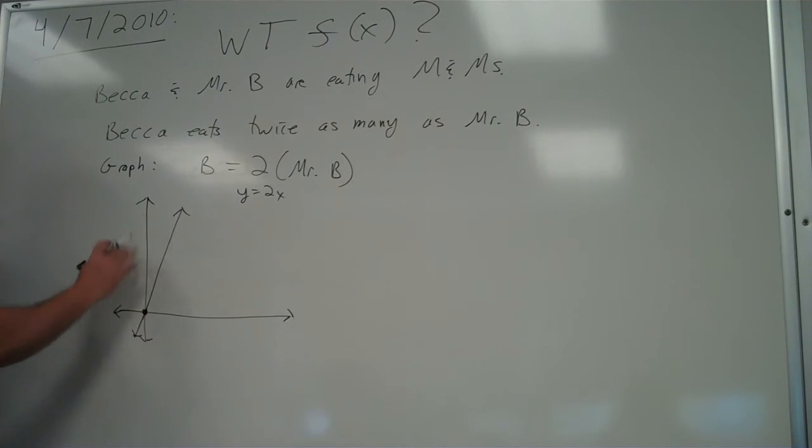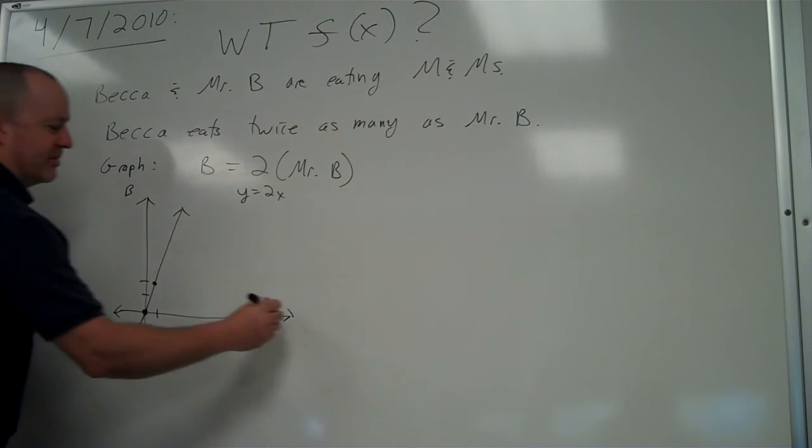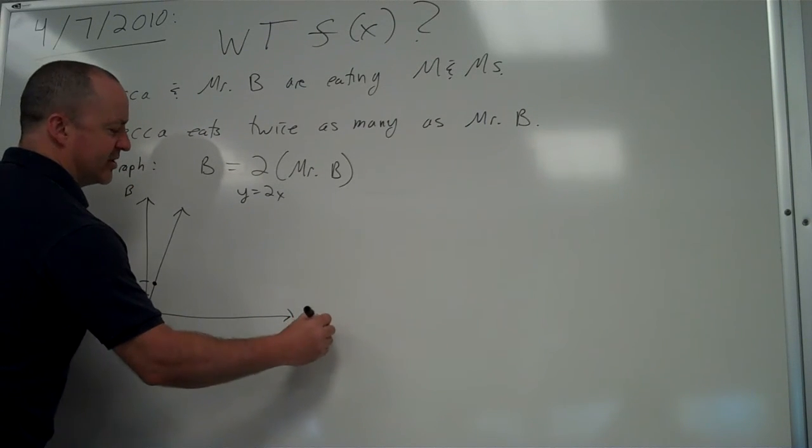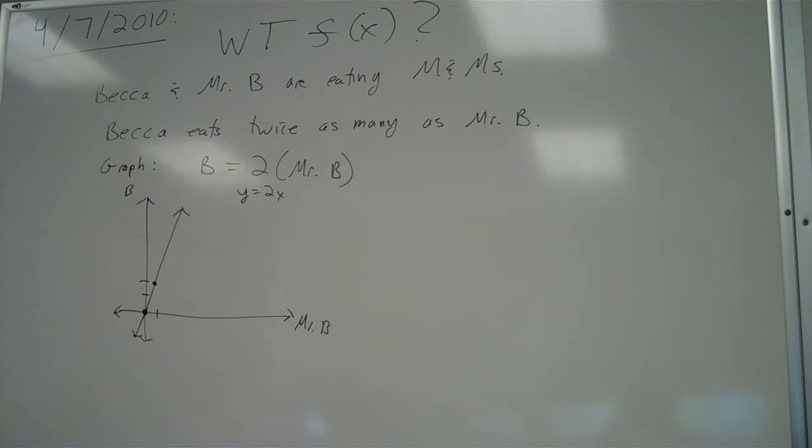It's like y equals mx plus b, with a y-intercept of 0 and a slope of 2. You go up 2 for every 1 over, so the line's going to look like that. Because I've decided that Becca's M&M consumption depends on my M&M consumption. I eat 1, she competitively eats 2.